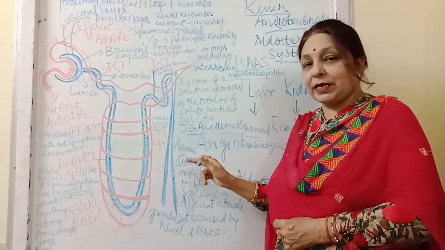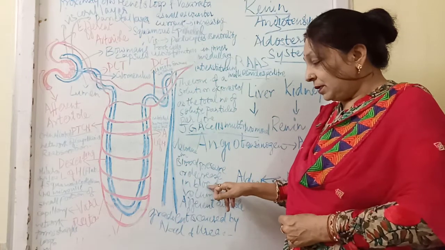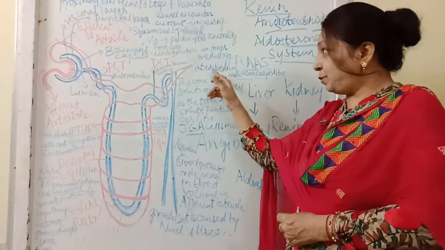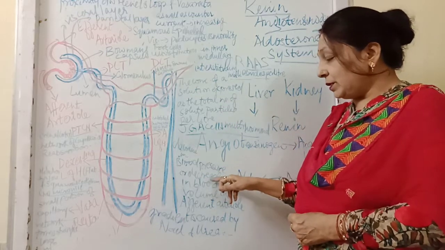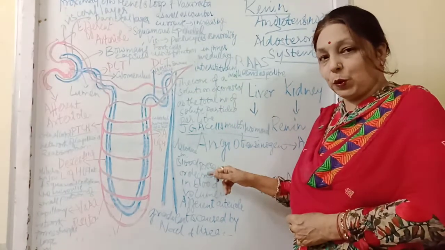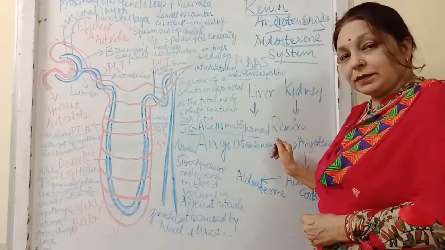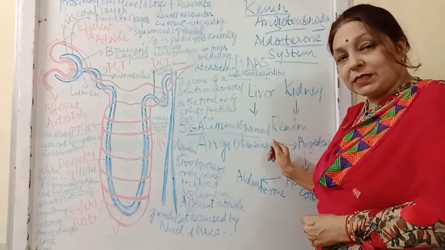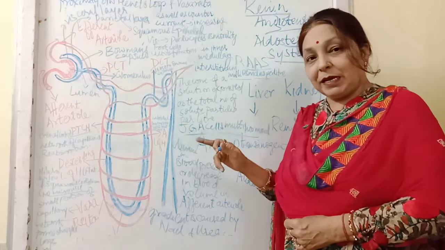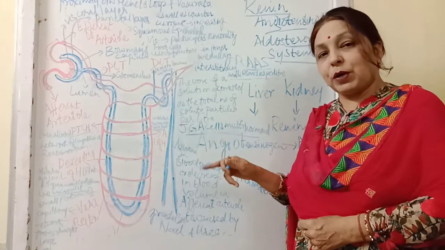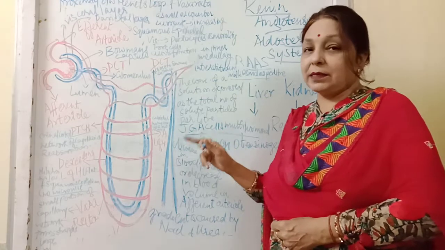It is to check the high blood pressure. I told you, when there is low blood pressure or a decrease in the blood flow, then angiotensin 2 constricts the blood vessel, thereby raising the blood pressure. To check the high blood pressure, there is this other hormone known as atrial natriuretic factor.